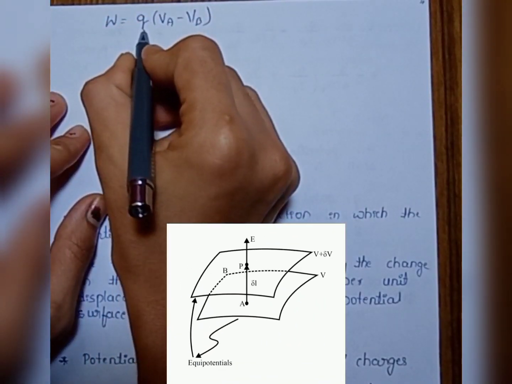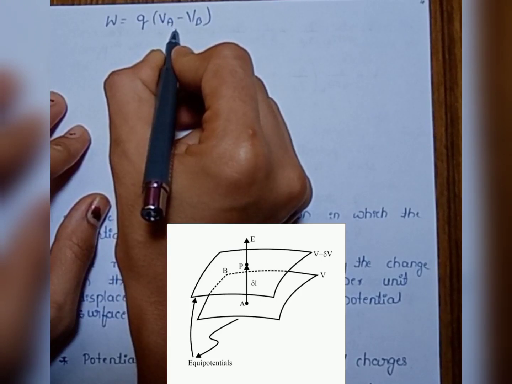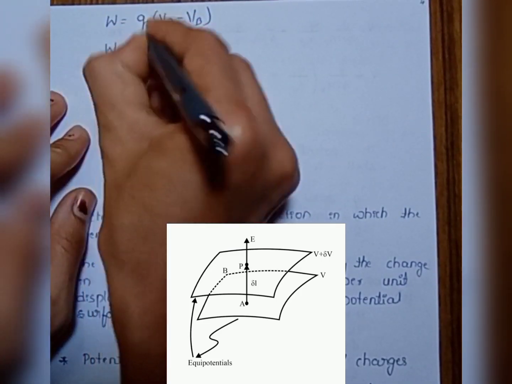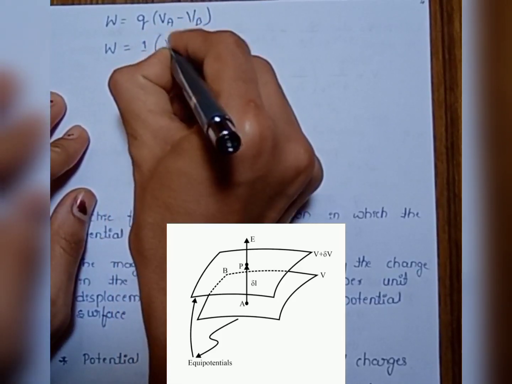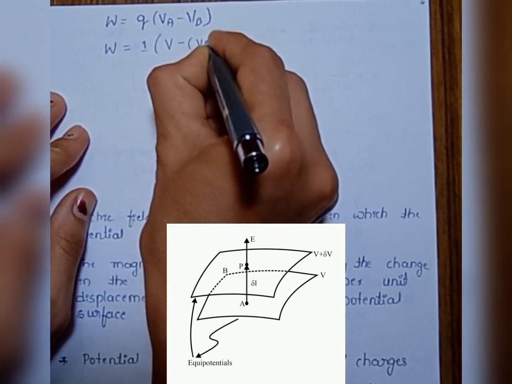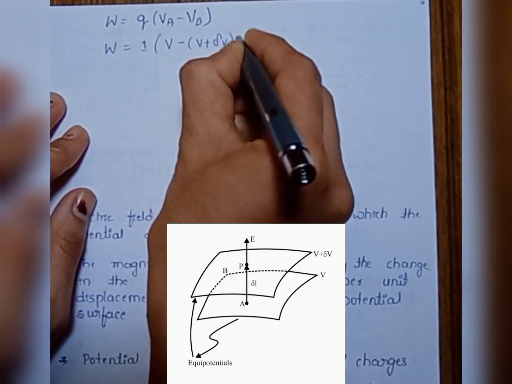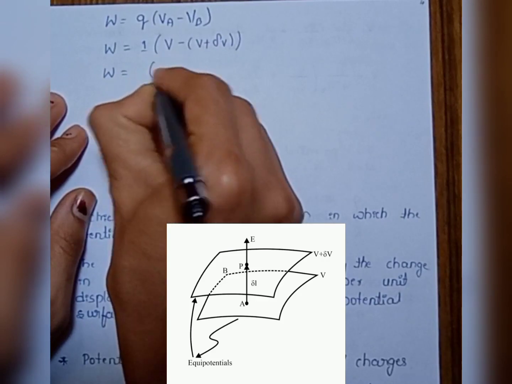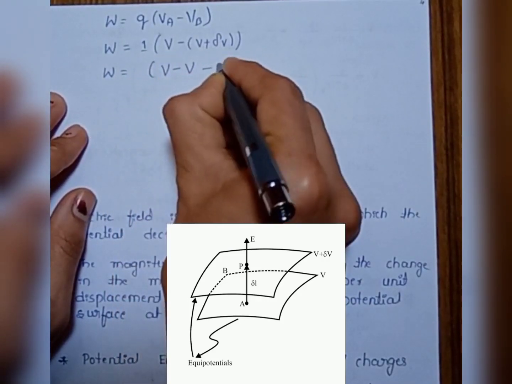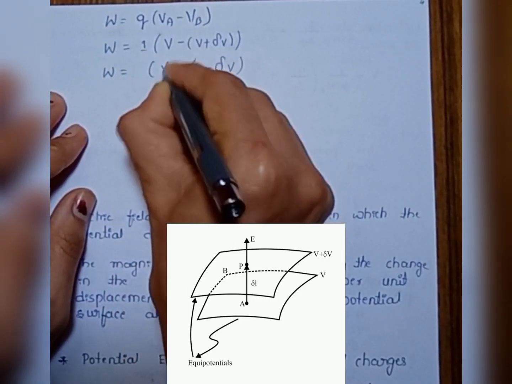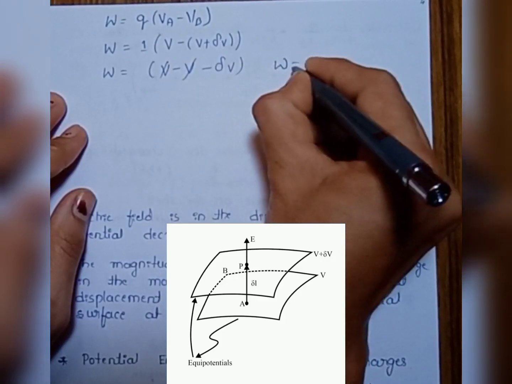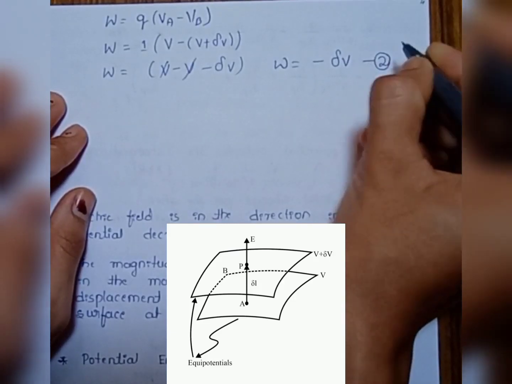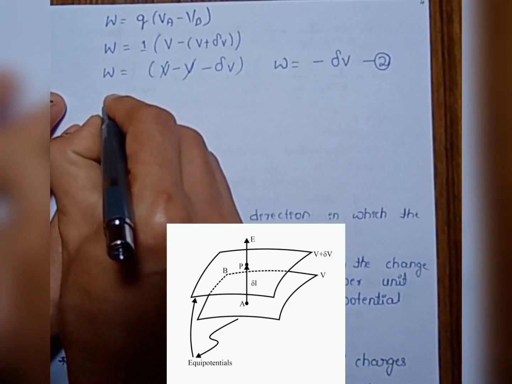Here the value of Q is equal to 1, VA is equal to V, VB is equal to V plus delta V. Then the value of W is equal to 1 into V minus (V plus delta V) inside the bracket. Then the value of W is equal to minus delta V. Equation 2.